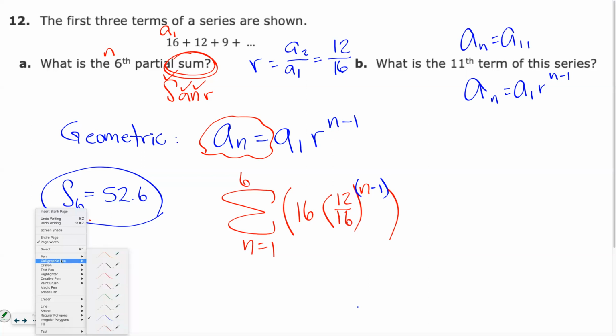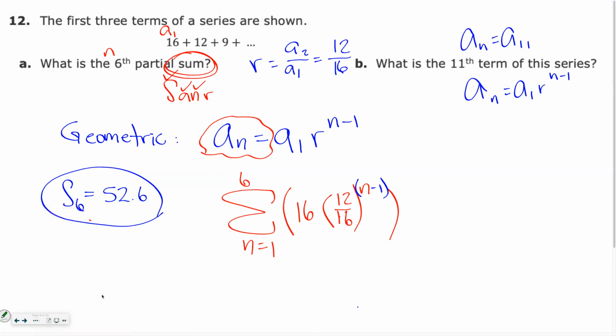Let's type these in and see what we get. Instead of AN, I'm going to say A11 equals A1 was 16, R was 12 divided by 16. Now for the power, what is N? 11. So you do 11 minus 1. Actually, I wouldn't even type in 11 minus 1 in the calculator. What would be smarter to type in? Just put the power 10.